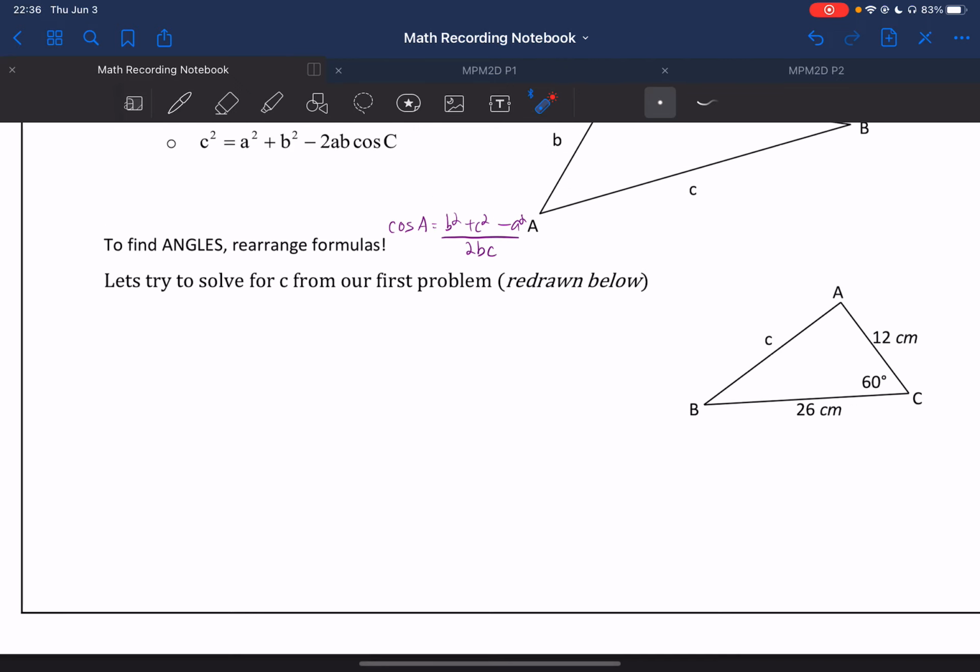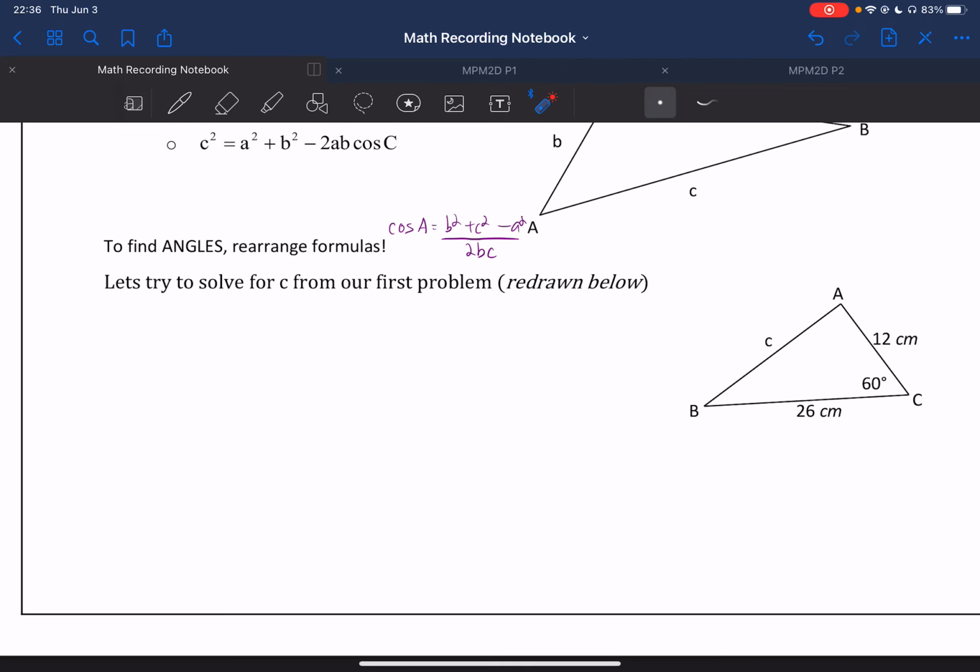Let's try an example. In this example, which is our same problem from the beginning, we have two sides and a contained angle. What we're going to do is solve for C. So if we're looking at our cosine law, we've got c squared equals a squared plus b squared minus 2ab cos C, and this C is our contained angle.